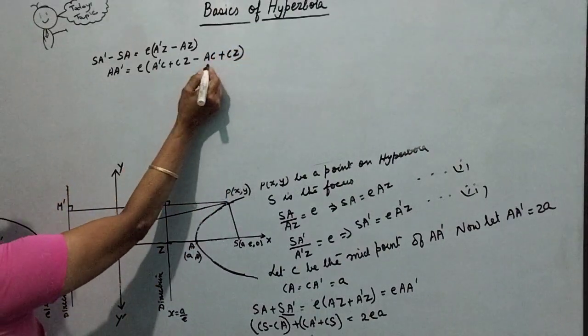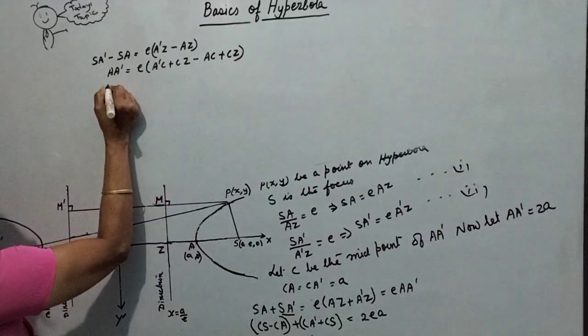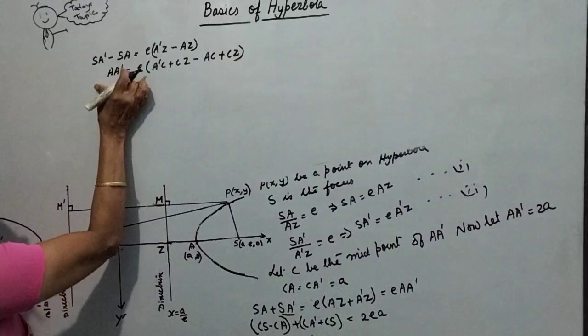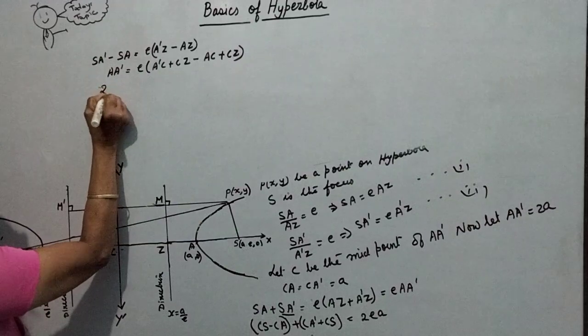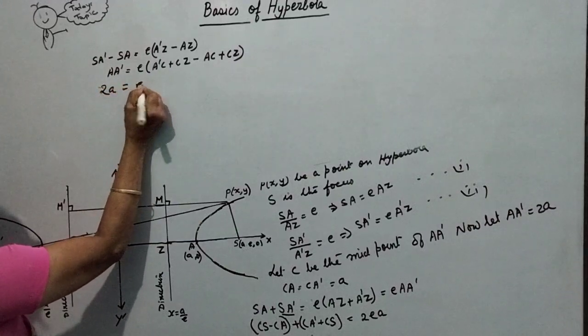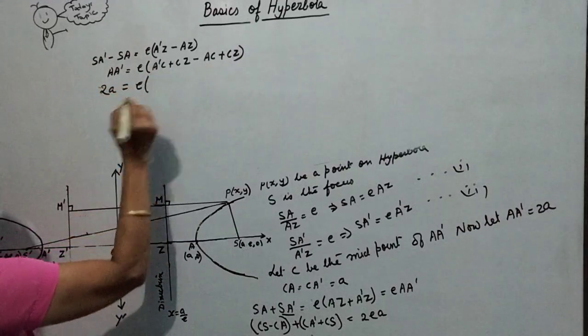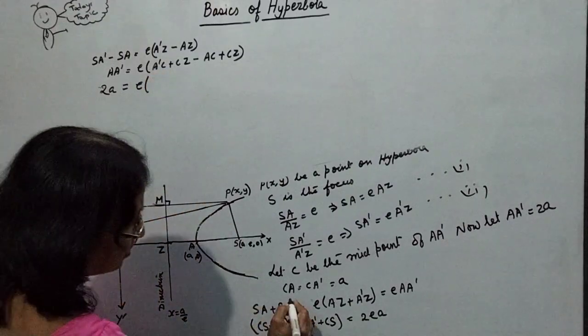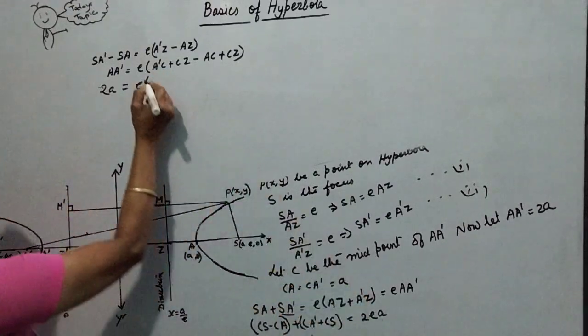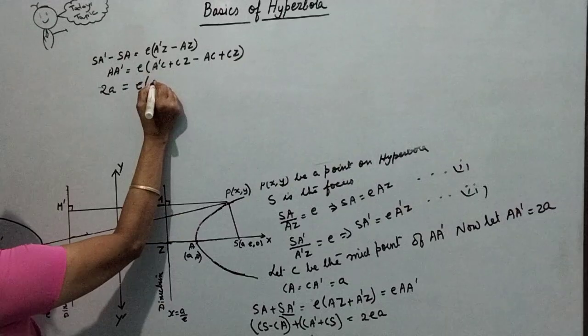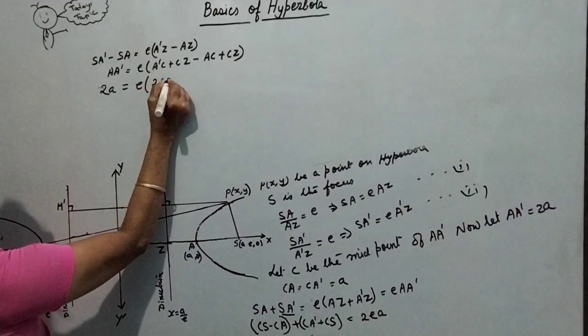So A dash C is cancelled with AC. So instead of A dash I can write 2A, and this is E. A dash C and AC cancel because A dash C is equal to AC equal to A. This cancels, so this is left with 2CZ.